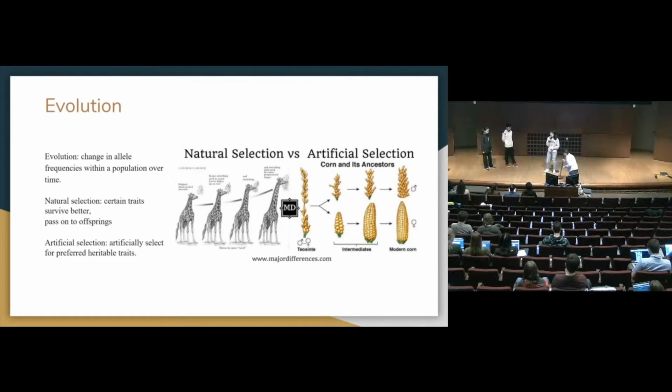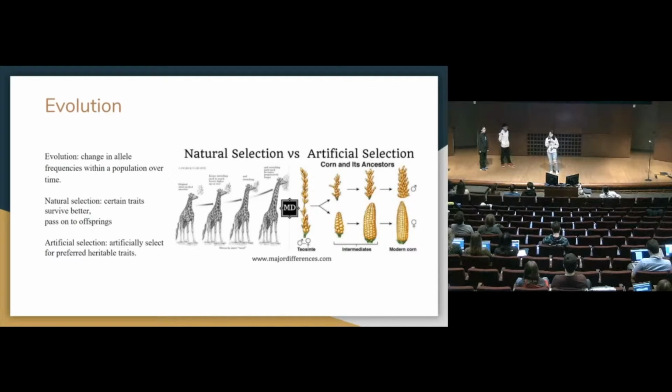Natural selection happens in natural conditions, in which certain traits are favored over others and passed to the offspring, which helps those species survive better. The example here is the giraffe. The giraffe has a longer neck that can reach the leaves better, and will pass this trait to their offspring. This is an example of natural selection.